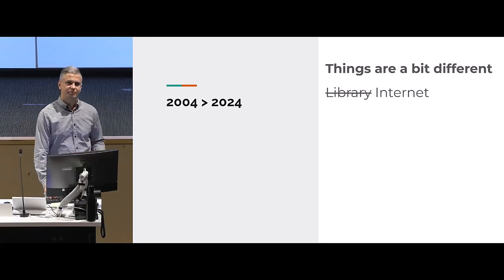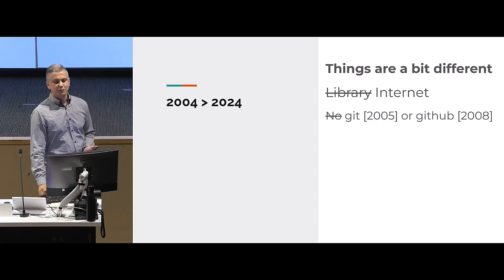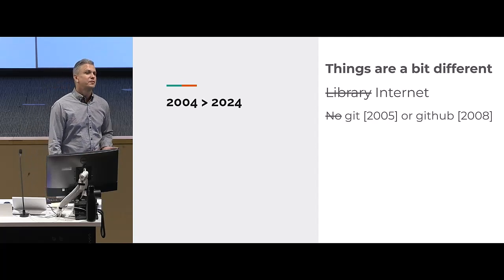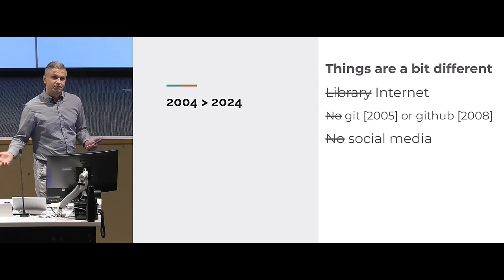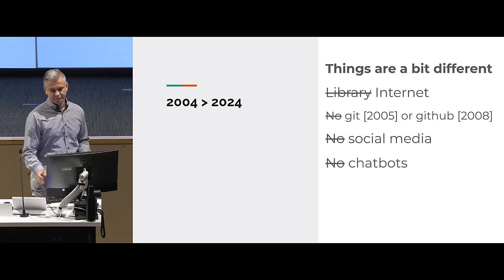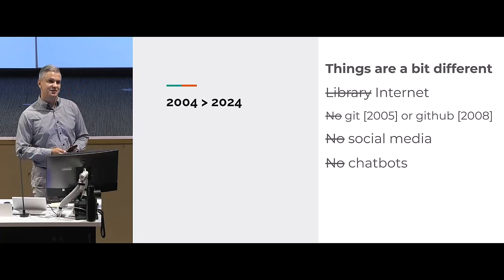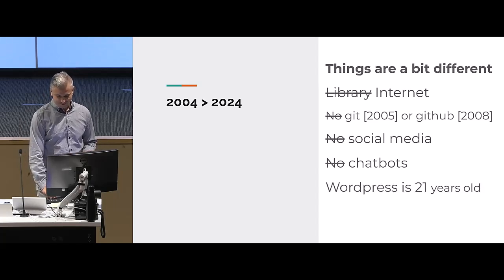We know you don't really go for a Java book anymore, it's on the internet. Git was started in 2005 and GitHub followed 3 years later. We all see it on social media, or most of us, I would say. And our best friends are chatbots, maybe. You go to an insurance company website and start talking with the chatbot.